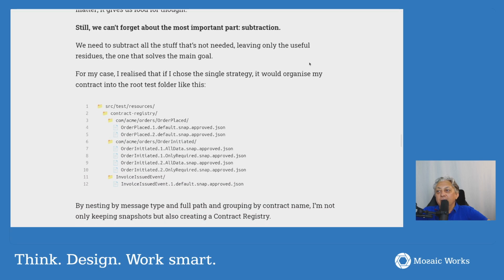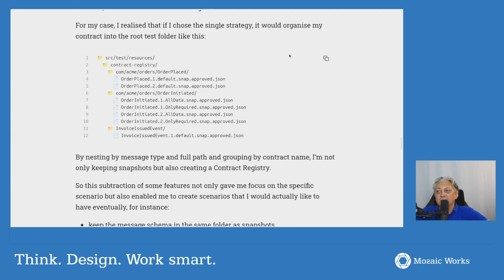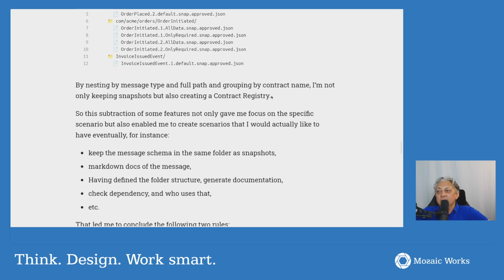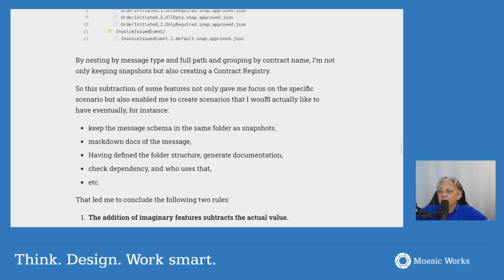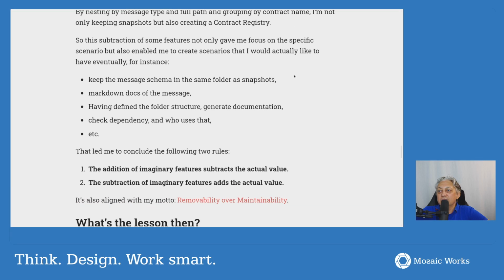Still, we can't forget about the most important part, subtraction. We need to subtract all the stuff that's not needed, leaving only the useful residues, the ones that solve the main goal. For my case, I realized that if I choose the single strategy, it will organize my contract into the root test folder, like this, okay? By nesting my message type and full path and grouping by contract name, I'm not only keeping snapshots, but also creating a contract registry.